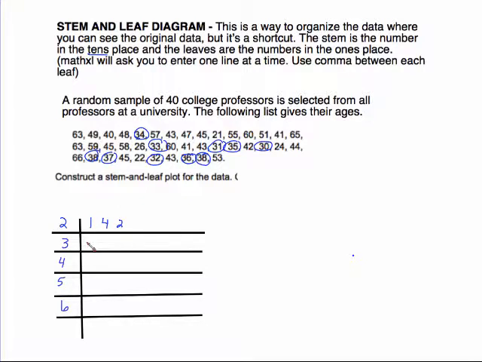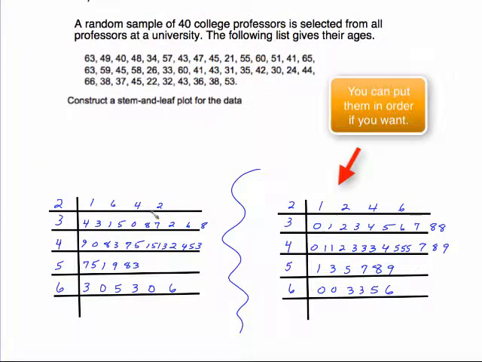Then start writing down the leaves. 4, 3, 1, 5, 0, 8, 7, 2, 6, and yes, you do need to write that 8 again. Even though it's a repeat of that 8, it is a separate data point. It needs to be there. Now, you can stop the video and do this all on your own, or you can just look at the completed stem and leaf right here.